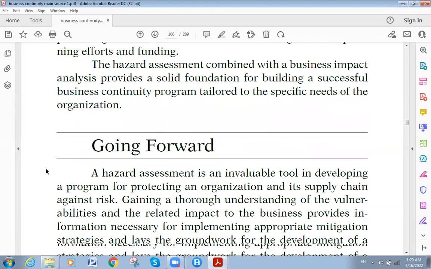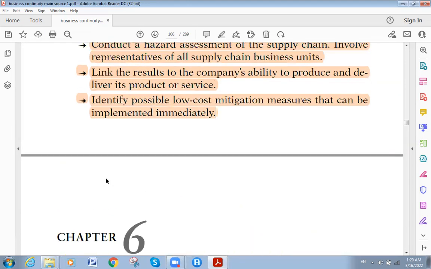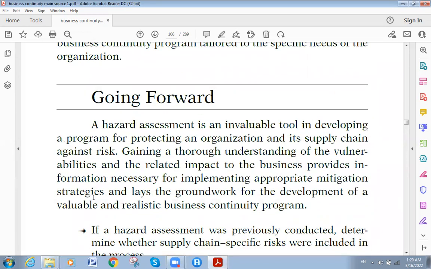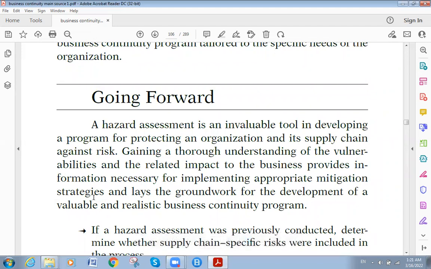So those are the points we have to work on regarding the assessment of the risk and how to deal with it. And we saw here that there are two things: the probability of the risk and the impact of this risk.